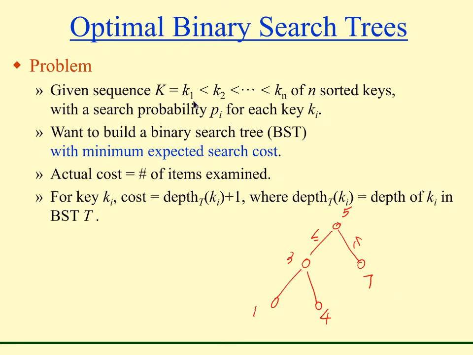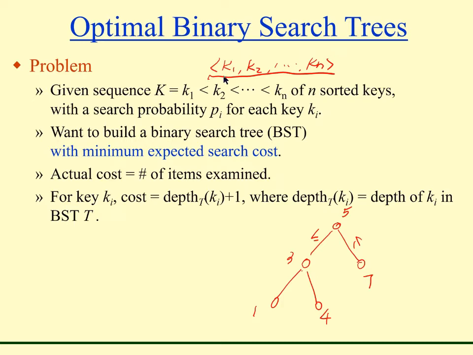So here you can find that we have a sequence. We call the sequence K. This sequence means the order doesn't matter. Sometimes we write it this way: K1 and K2, and so on and so forth. So this is a sequence, which means the order doesn't matter.